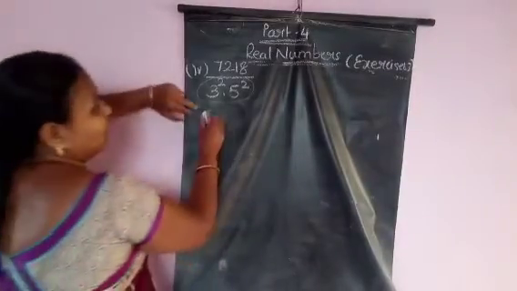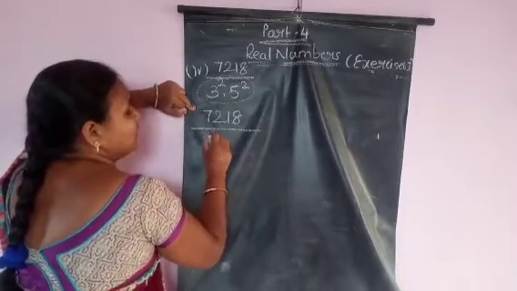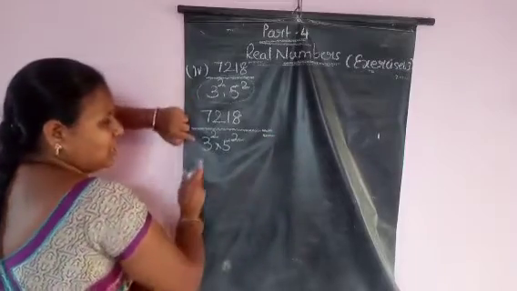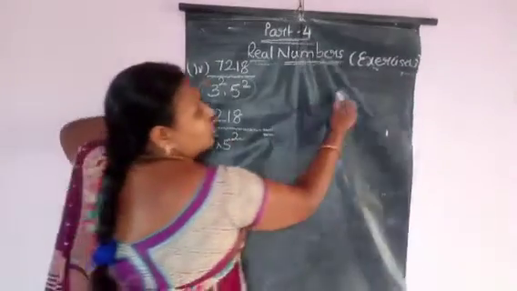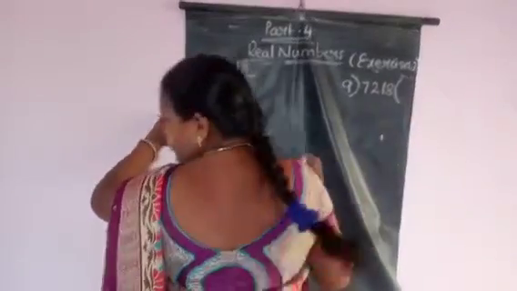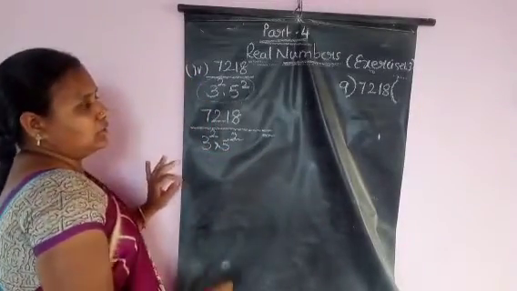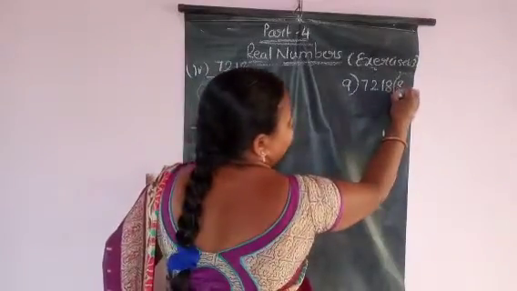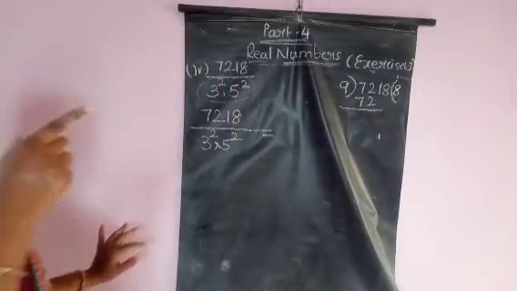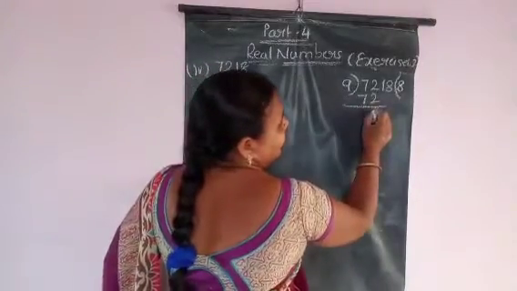So let us see. 7218 by 3 to the power of 2 into 5 to the power of 2 is equal to, let us divide this, 9 into 7218. 9 8s are 72. 9 8s are 72 and 0.